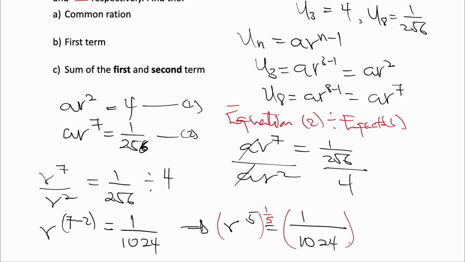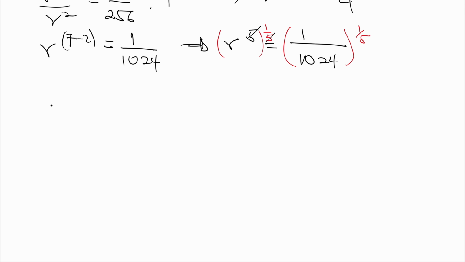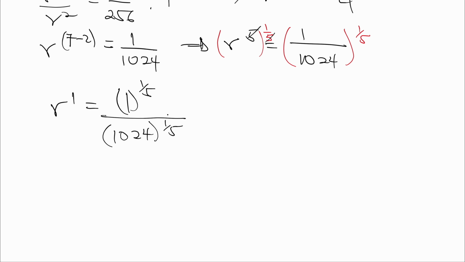And we do the same for the right side too. So we have r^1 is equal to 1 raised to the power 1 over 5, all divided by 1024 raised to the power 1 over 5. Now r^1 is the same as r, is equal to 1 raised to the power 1 over 5, which is 1, divided by 1024 raised to the power 1 over 5, which is 4.